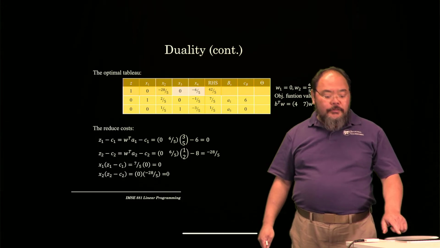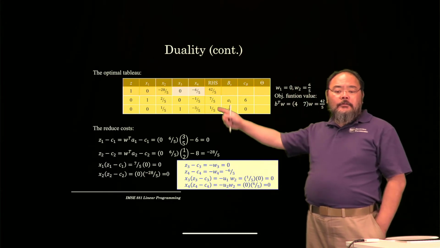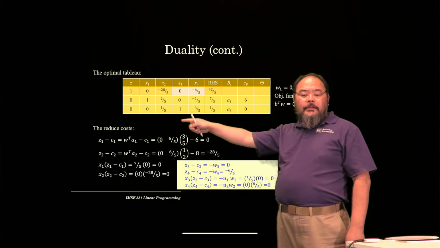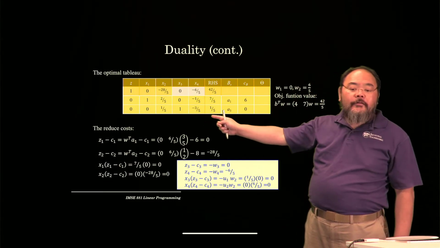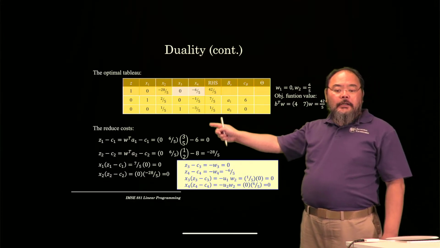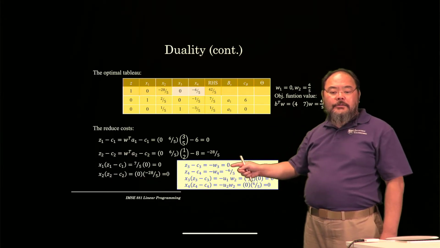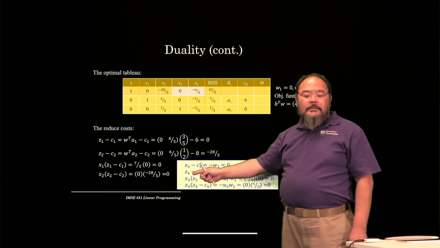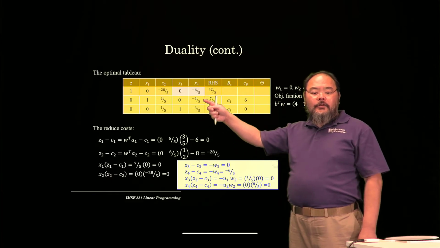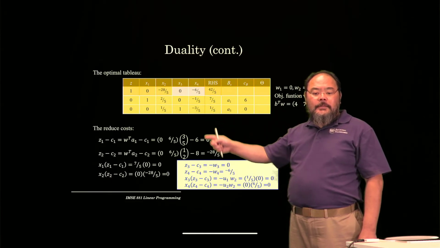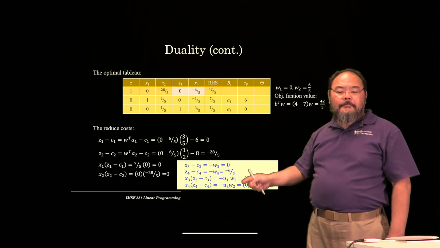Let's look at x3 and x4. For the x3 column, x3 is currently basic, so the value is 1/5 on our table, and z3 minus c3 equals 0. z4 minus c4: x4 is currently a non-basic variable, so x4 equals 0, and z4 minus c4 equals negative 6/5.